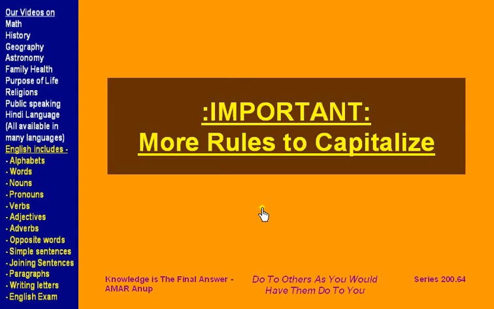Then we saw the titles of the books, titles of the movies, titles of the newspaper or news headlines, and names of newspapers are capitalized. Then we saw that presentation titles are capitalized, and the top line on the presentation pages is capitalized. And now let us look at some more very important rules where capitalization is done.